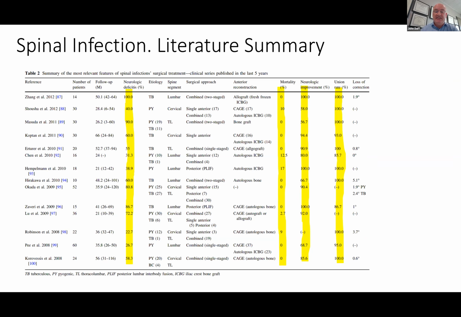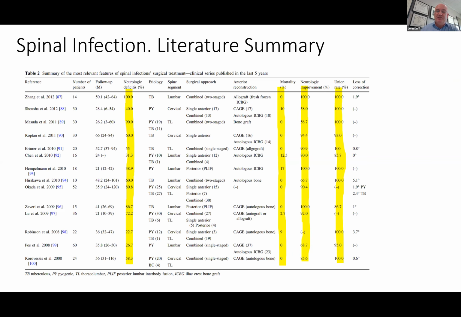If you look at the next yellow column, the mortality is anywhere from 0 to 17%. So I think for the severity of the disease, the mortality is certainly acceptable within a surgical group of people who by definition would have more serious disease.